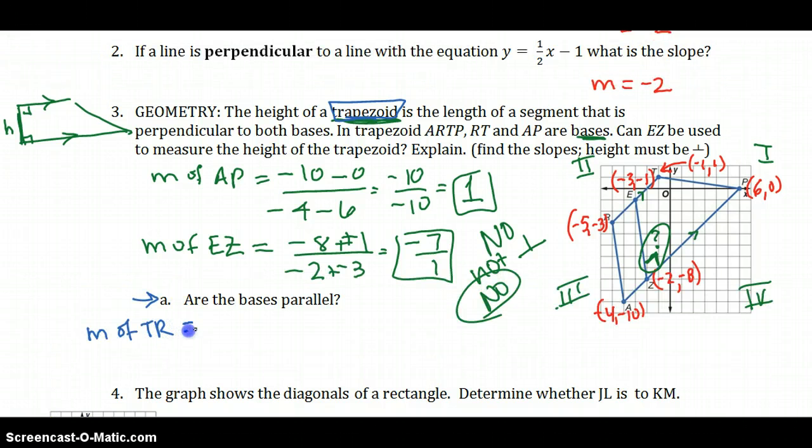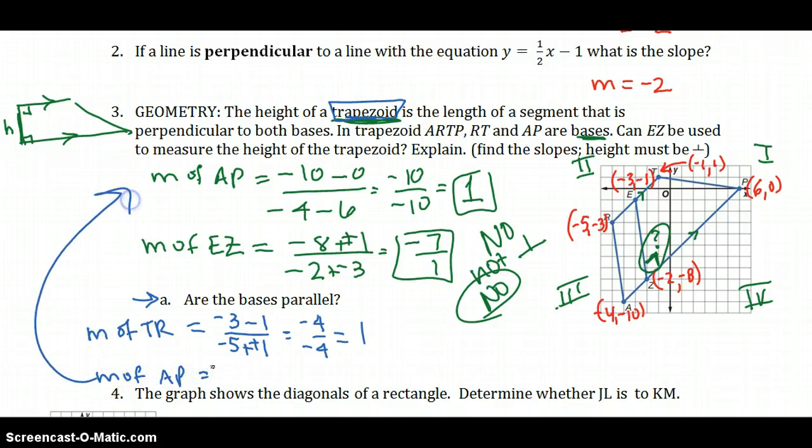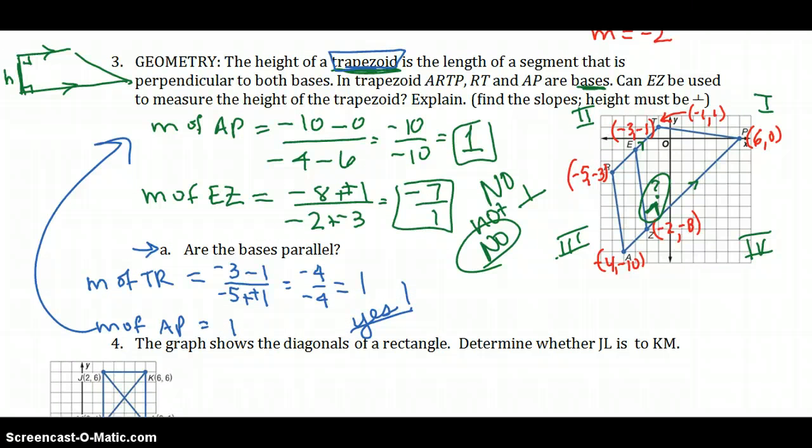So TR, we have -3 minus 1 over -5 minus a -1, which becomes plus. So that's -4 over -4, which equals +1. And we already found the slope of AP up above here, and it was 1. So yes, they're parallel because they have the same slope.